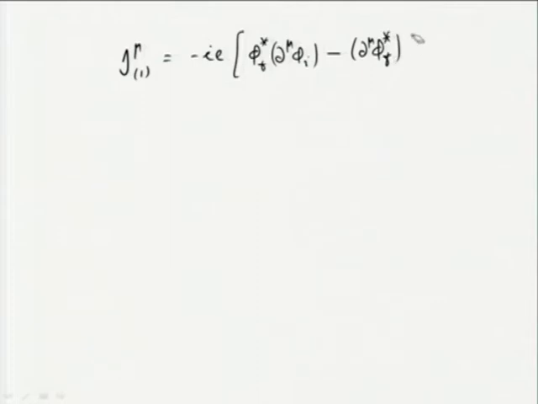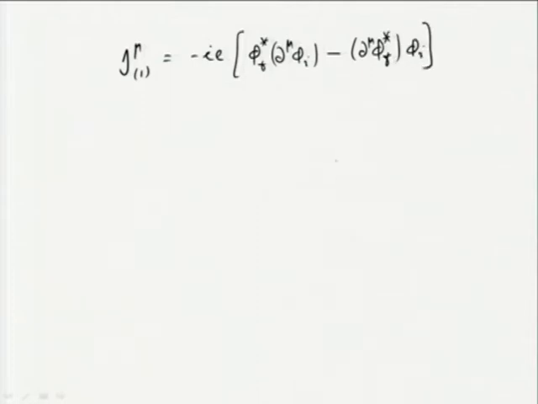Let us come to a more proper understanding. Let us consider j1 mu. I can write it as minus i e times phi f star del mu phi i minus del mu phi f star phi i.